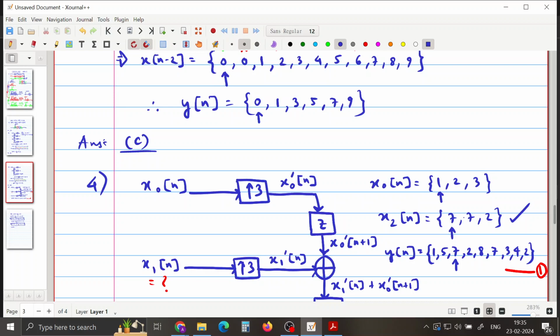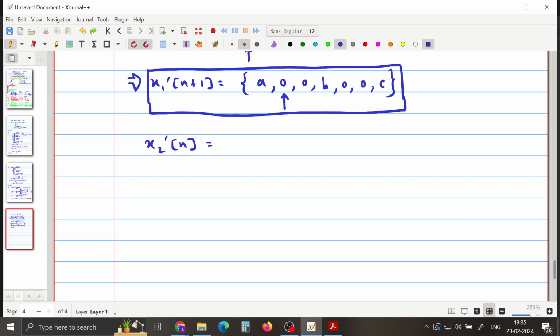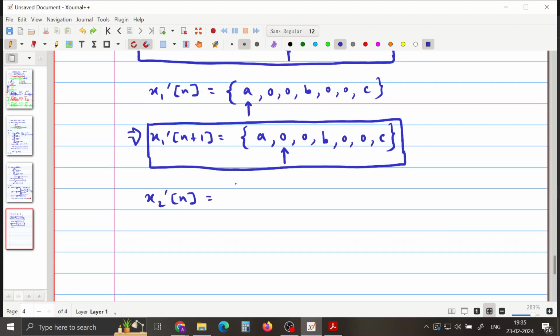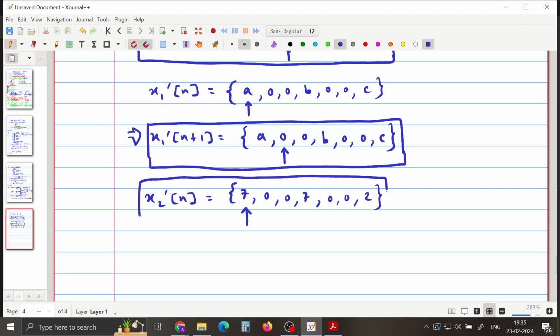So we'll introduce two zeros between every sample here. So we can write it as 7 0 0, then again 7, again two zeros and 2. The arrowhead points here. Again I will put this in a box.